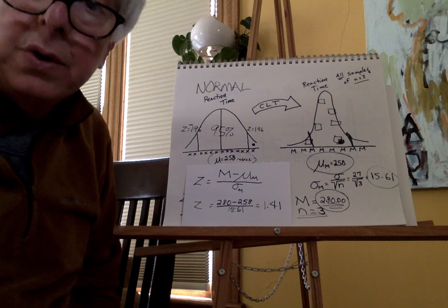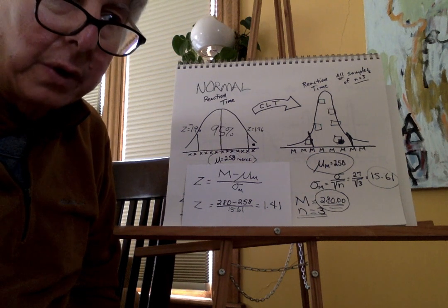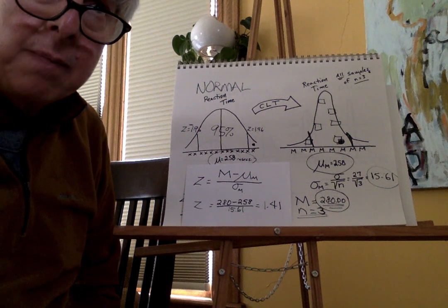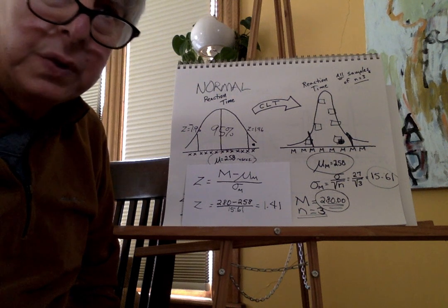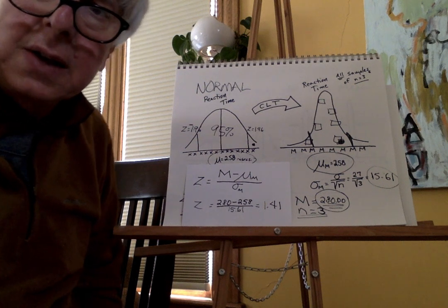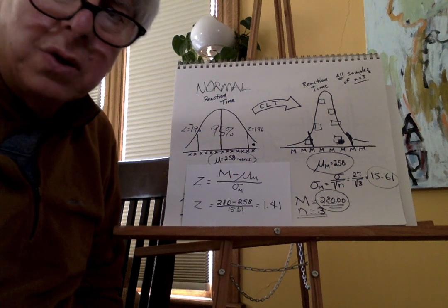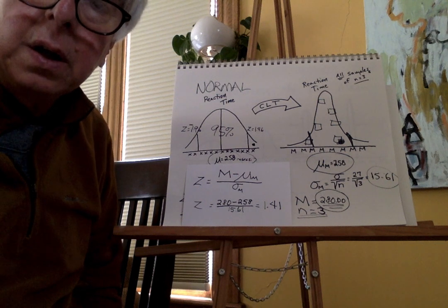It may be important to you at some point. I don't know where you're going to be working or where you're going to graduate school. But hopefully you could figure it out on your own if you need to. I'm not going to be asking anything about the binomial distribution on an exam.